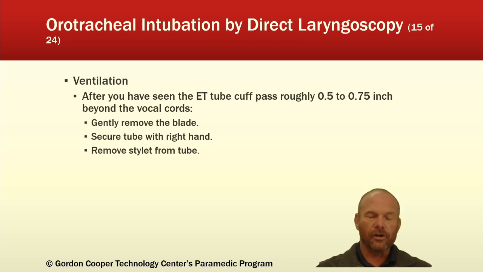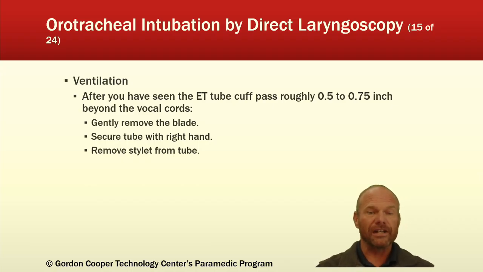So we've inserted our blade, we've got them in the right position, we've done all of our things, and we got the tube passed. Once that cuff is passed about 1/2 inch or 3/4 of an inch beyond the vocal cords, then we're going to remove the blade. Now that's important. You need to be just as gentle taking it out as you are going in. Or let me say it differently, you may be a little heavy-handed.